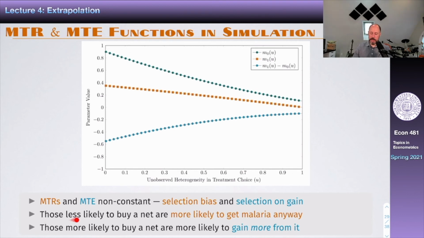I wrote here, those less likely to buy a net are more likely to get malaria anyway in this example, because here is the U, right? So those more likely to buy the bed net are more likely to gain from it. Okay, so you have these two different forms of selection, as we said, selection bias and selection on the gain.